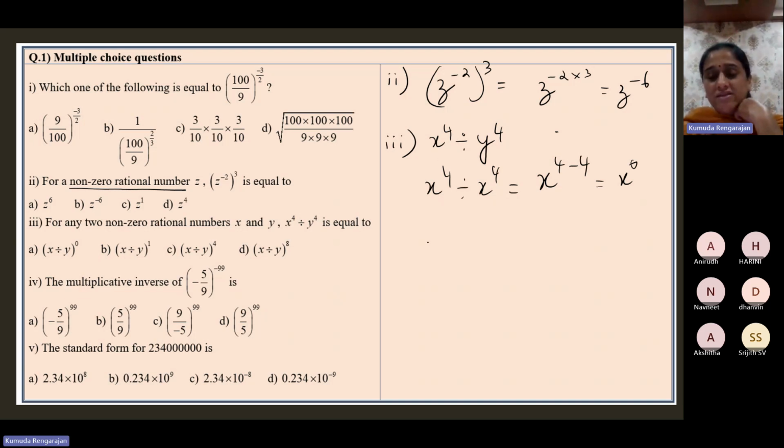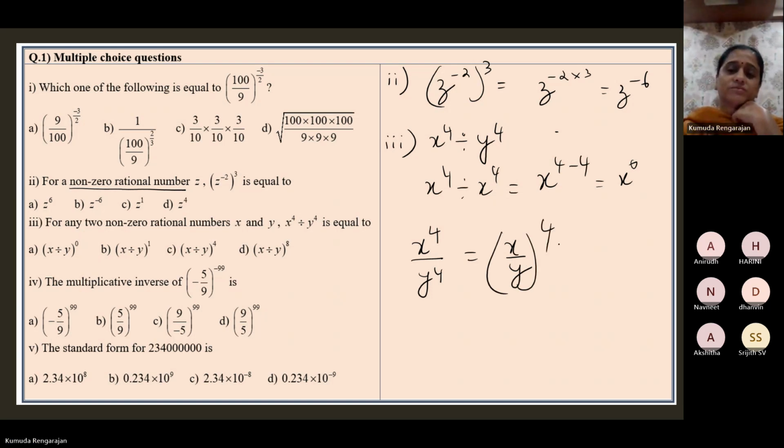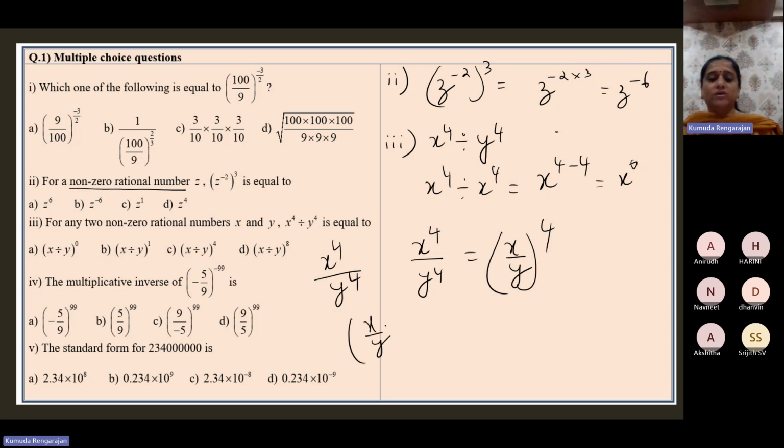It's like x is raised to the power 4. Y is also raised to the power 4. So what you do, you write x by y and raise both of them to the power 4. The other way of writing it is x divided by y, because it's already in division. So x by y, the whole power 4.